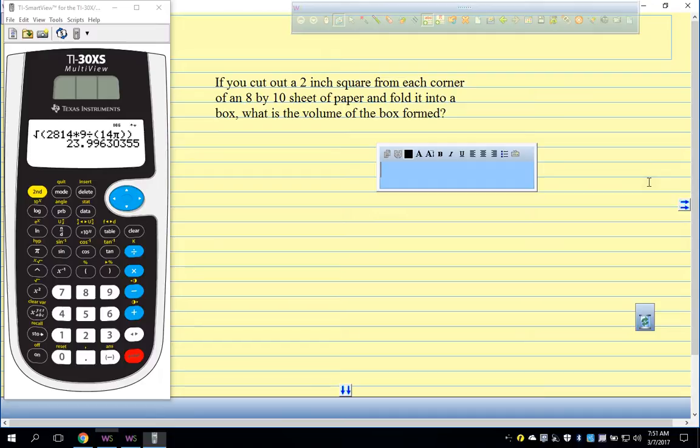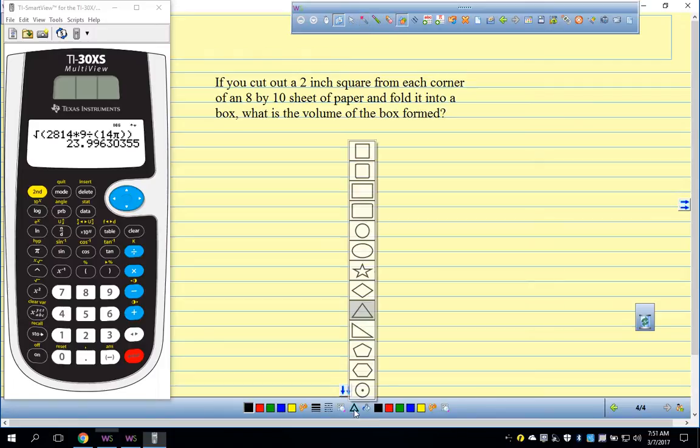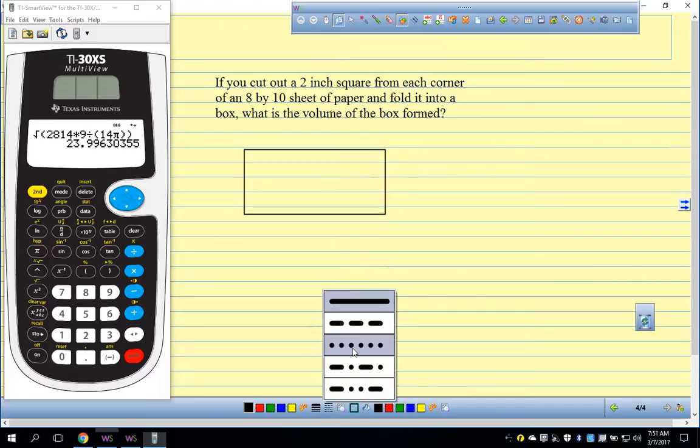So if I were to do this, I would draw a picture of a box. Here's a sheet of paper, and in each corner, I am going to cut out a 2-inch square.